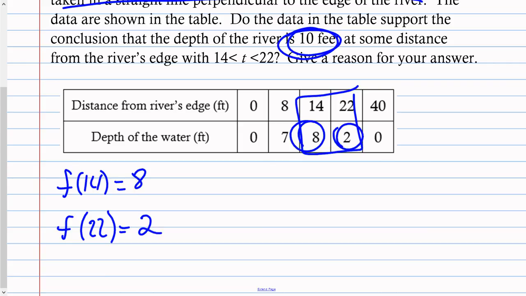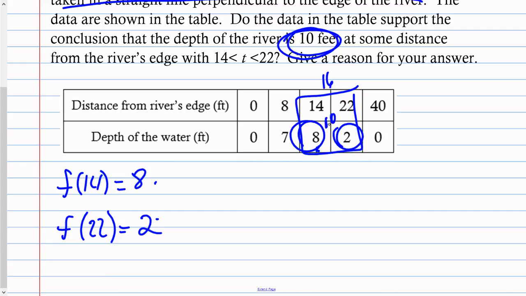Now, they're looking for 10 feet. Is 10 feet in between 2 and 8? It certainly is not. Okay, 10 feet is not between 2 and 8. Is it possible that between 14 feet from the river's edge and 22 feet from the river's edge, the water level actually did go up? Let's say 16 feet.